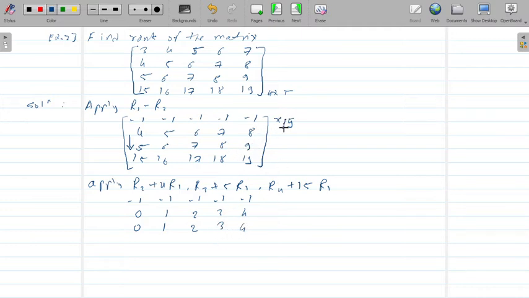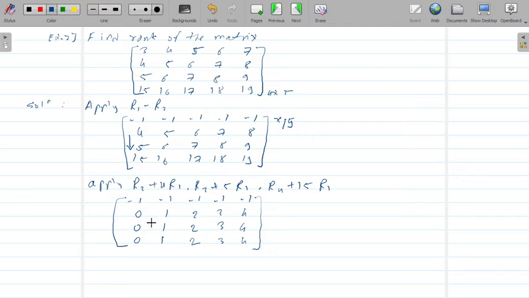Now multiply R1 by 15: 15 minus 15 is 0, 16 minus 15 is 1, 17 minus 15 is 2, 18 minus 15 is 3, and 19 minus 15 is 4. Now this matrix becomes, and we have got all elements below A11 equal to 0.